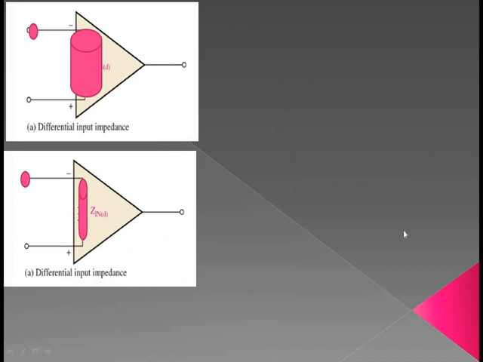So here we are going to see what is the importance of input impedance. If input impedance is high, means input resistance is high, then it accepts very low current from the input circuitry. So input circuitry is not loaded.